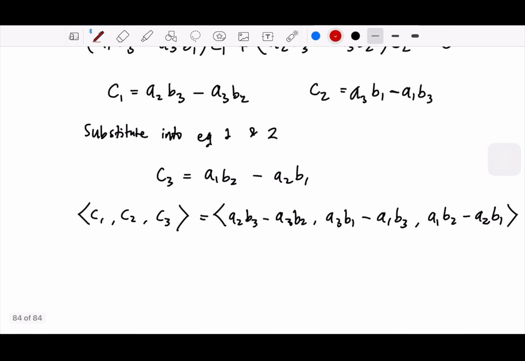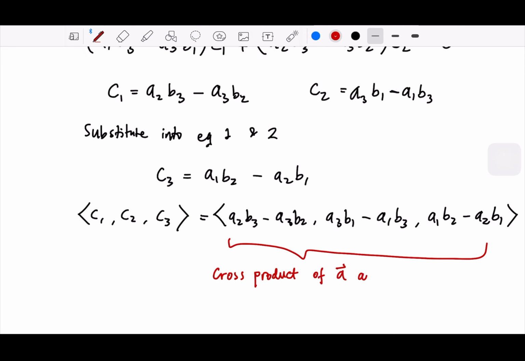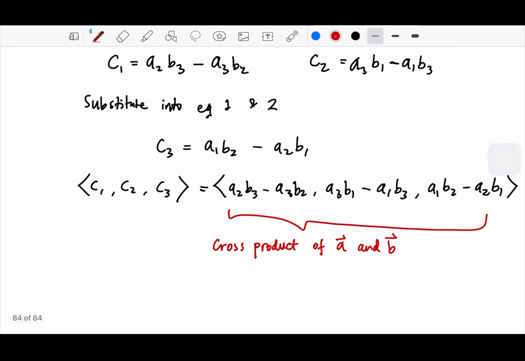Now this is called the cross product of vector A and vector B, or we can write the cross product as A cross B like this.